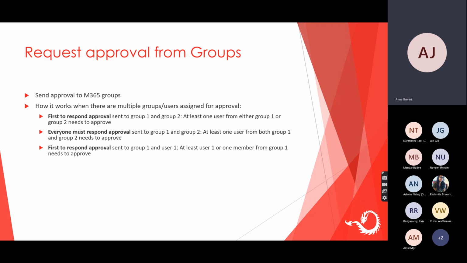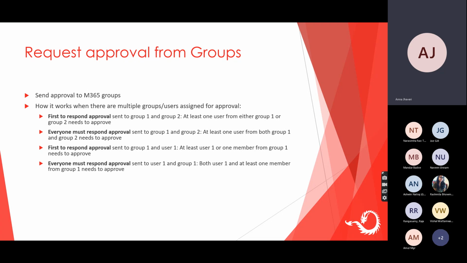Then take first to respond, where the request is assigned to group 1 and user 1. So here we have a group and a user combination. At least user 1 or one of the users from the group needs to respond. So only one user needs to respond in this scenario.